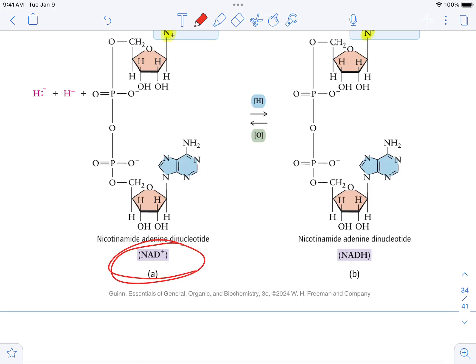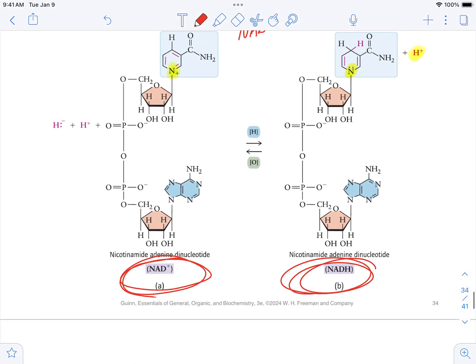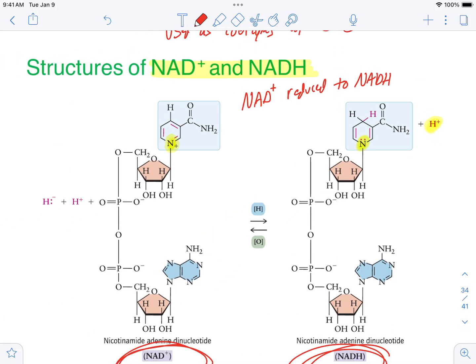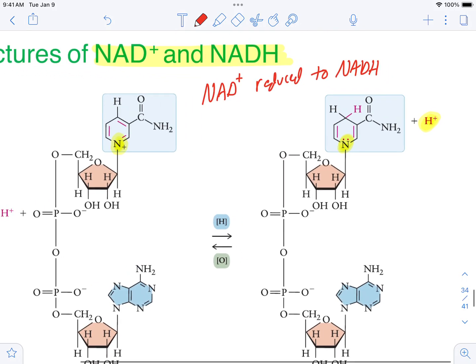NAD plus is on the left, NADH is on the right. So it gained an H, right? When you gain H's, that is reduced. You can look at your H right here that was gained.